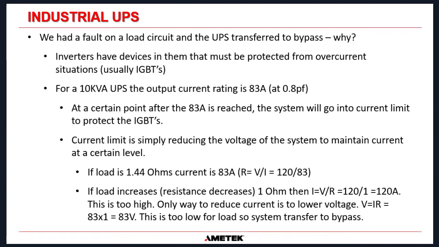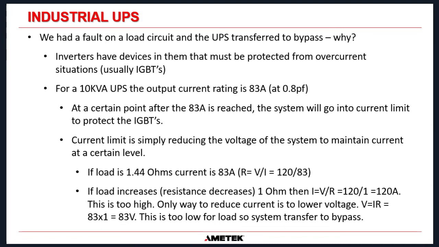Okay, now when you buy these transistors, you have to buy them whether they're going to supply 100 amps, 200 amps, 50 amps. You buy them specifically for a specific amperage. So think about it this way. For a 10 kVA UPS, the output current, as we've discussed before, is rated at 83 amps at 0.8 power factor. So at a certain point after the 83 amps is reached, the system has to go into current limit to protect those IGBTs, okay?